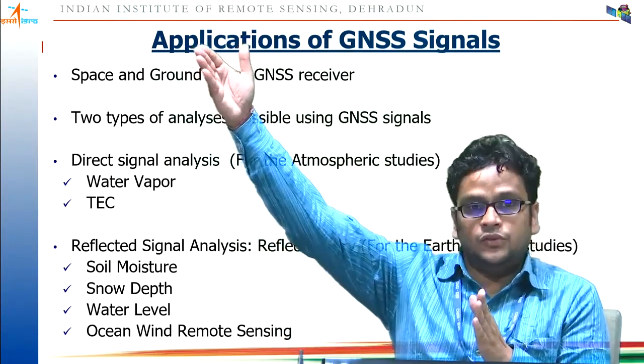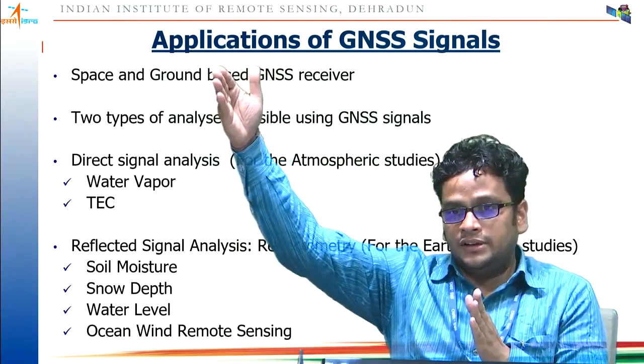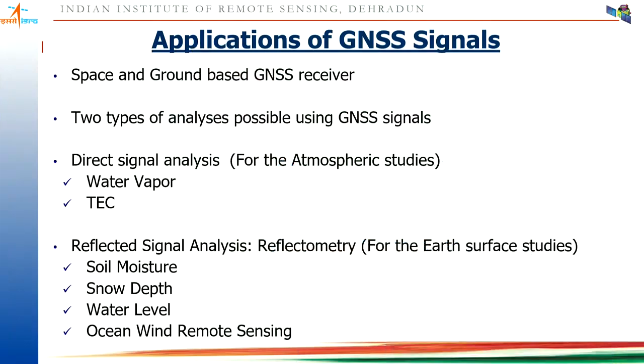We were discussing static and dynamic receivers, the application of direct signals, and also reflected signals, when the signal is reflected from surfaces: from the ground, we can find out the soil moisture, and from surfaces where snow is there, we can find out the snow depth or the water level.